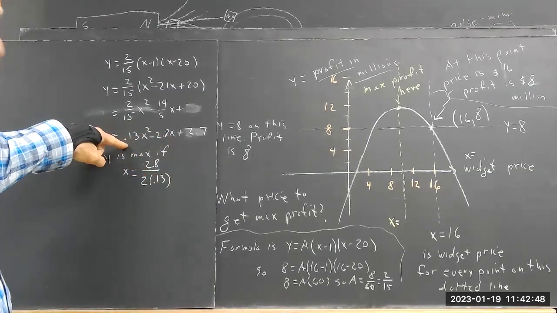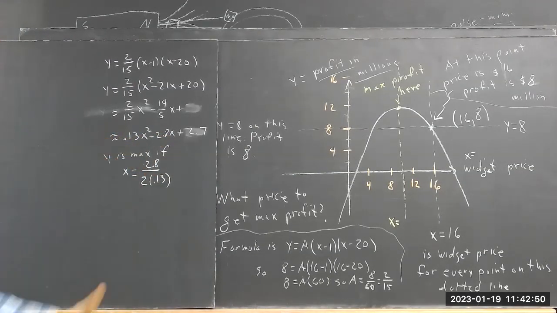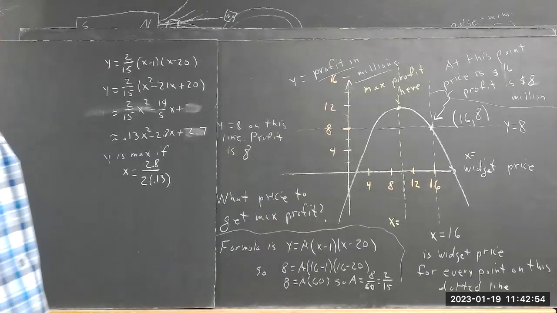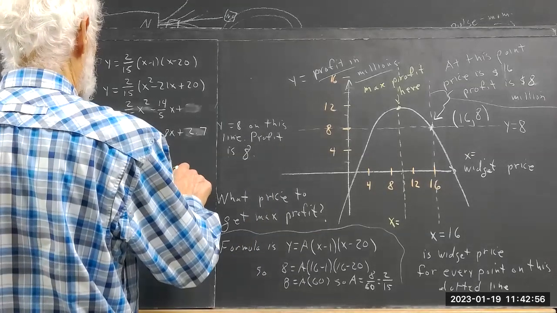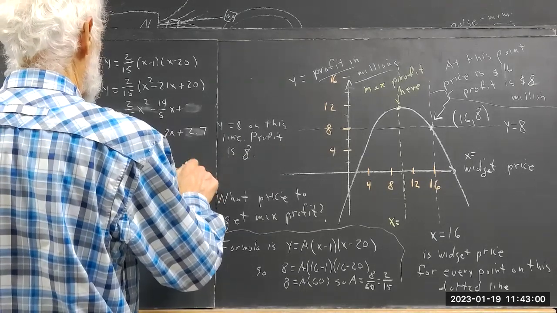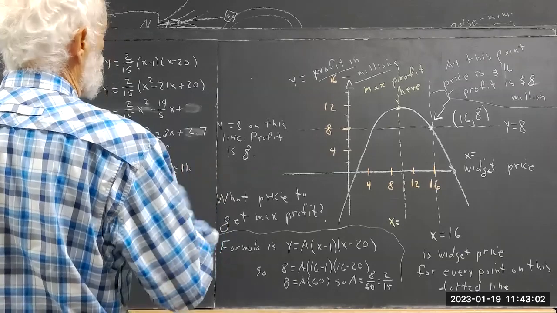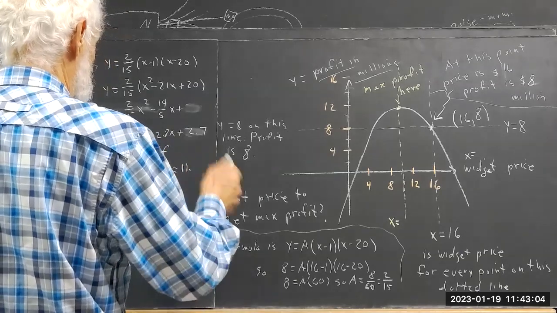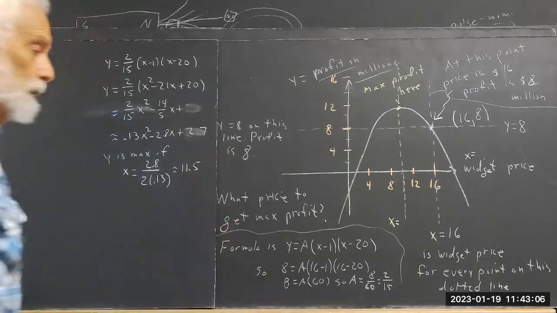This divided by 2 times this, for reasons that you'll understand in a month. Okay. And that's approximately equal to 11 point. Oh, come on now. About 11 and a half. I have to do better than that.